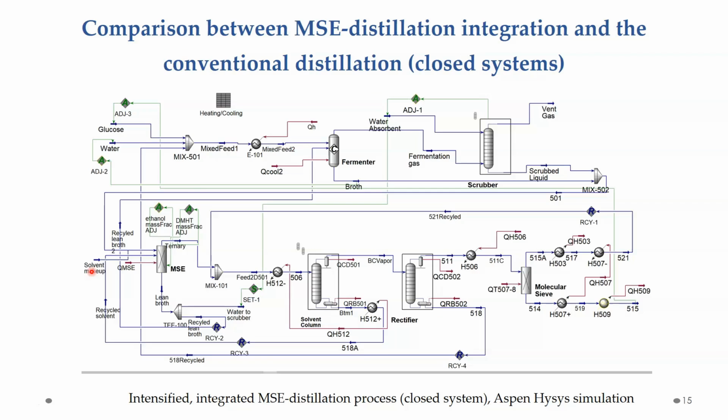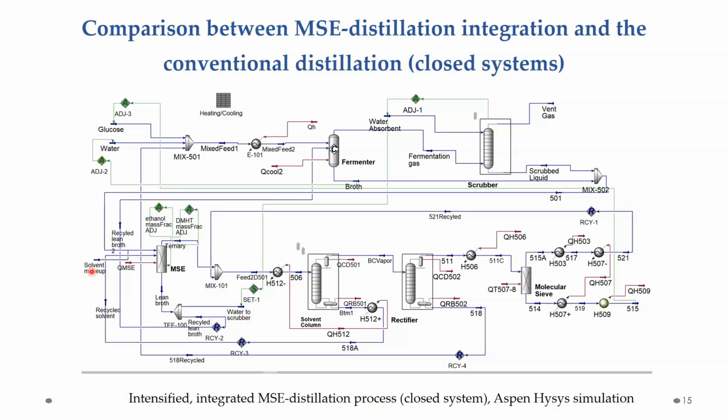Now let's look at the intensified integrated MSE distillation process. The differences between this and the conventional process lie in the added MSE and the operating conditions of the two distillation columns.